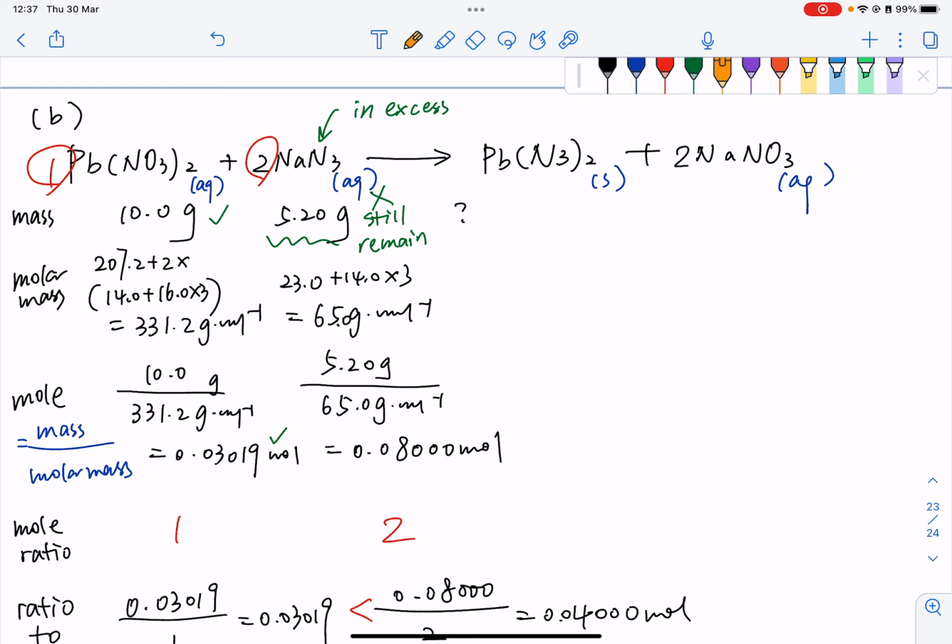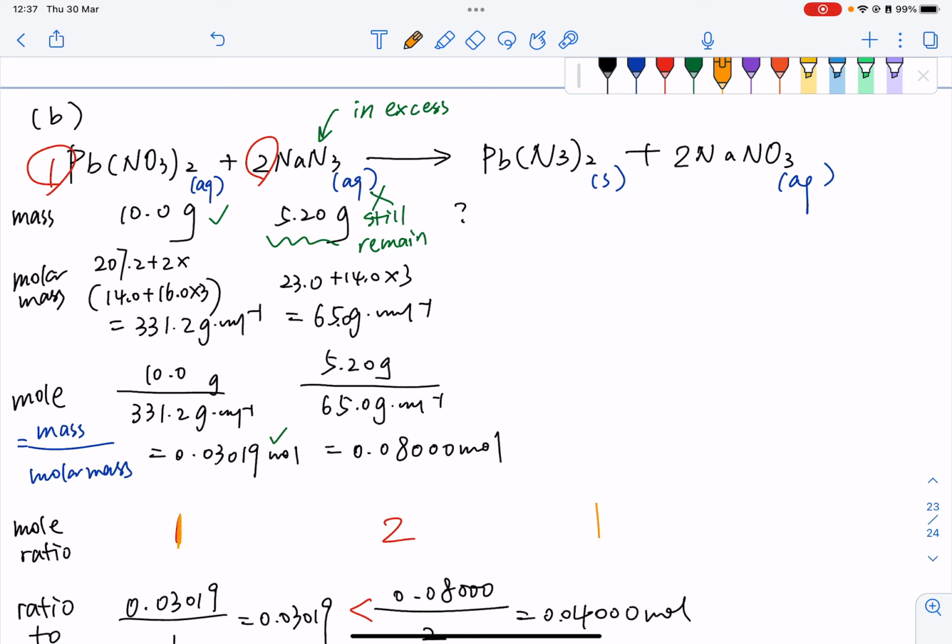Alright, what is the question asking about? It should be the mass, right? If that is mass, then we have to know the mole first, right? Then let's take a look here. We have a mole ratio of this as 1. What is the mole ratio of that? This one is also 1, right? This one is 1, and this one is also 1.